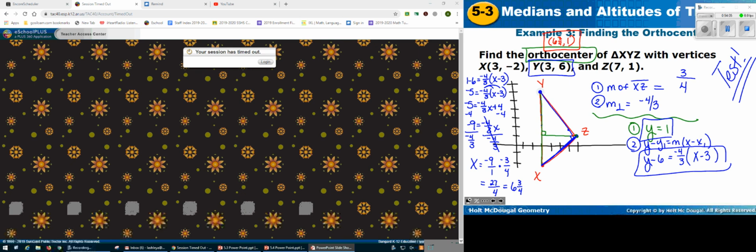And the first letter over here, P, stands for the types of lines that make the circumcenter. What kind of lines make the circumcenter? Perpendicular bisectors. So P stands for perpendicular bisector. So the first letters go together. Perpendicular bisectors make the circumcenter.